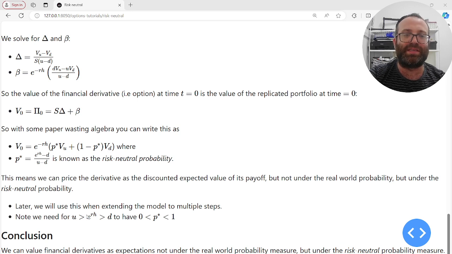You could just invest in the bank and make a better return with no risk. Or if e to the rh is less than d, why on earth would you invest in the risk-free rate, since no matter what you'd get more money with the risky asset. That's like negative interest rates. So this is an arbitrage condition too.